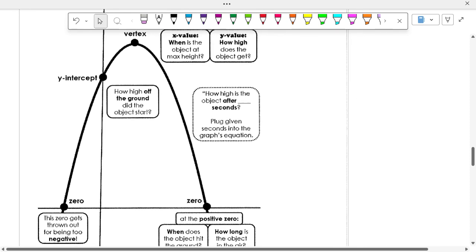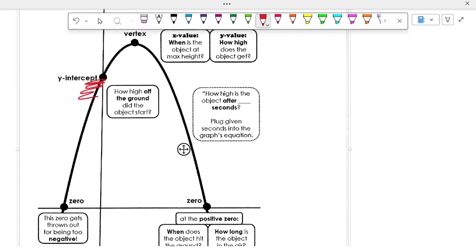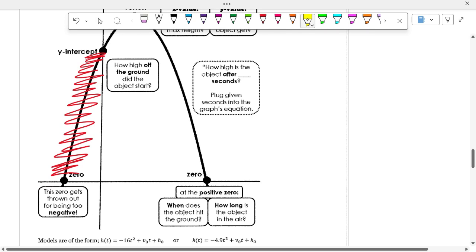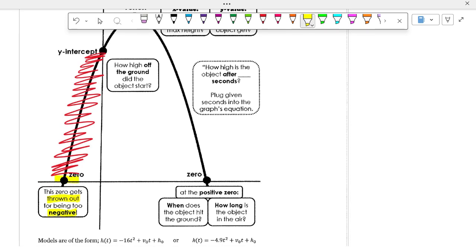The only part of the graph that you should be caring about is to the right of the y-axis. That first part on the negative side of the y-axis, the negative x's, we don't need because it doesn't make sense in terms of the problem. So that means that negative 0 right here gets thrown out because you can't have negative time.